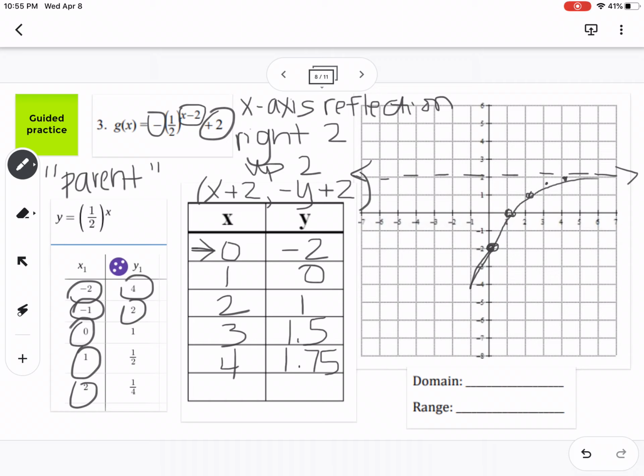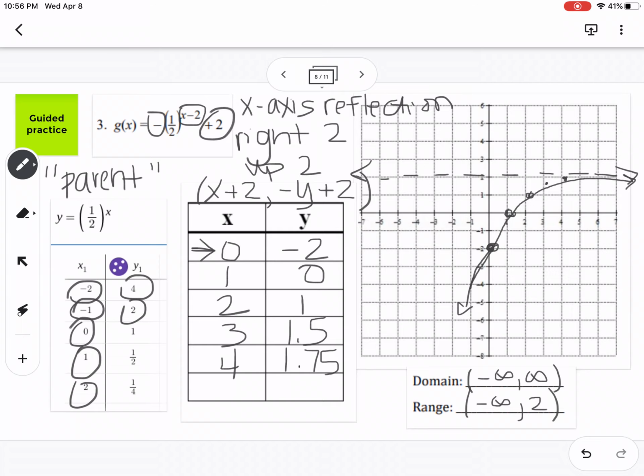All right, so it's a growth, and it's never going to touch that +2. All right, so our domain's -infinity to infinity, and our range -infinity to 2.